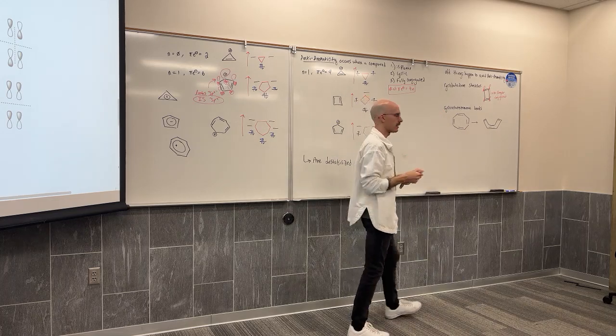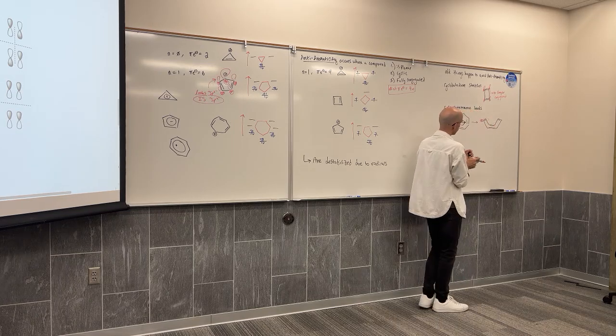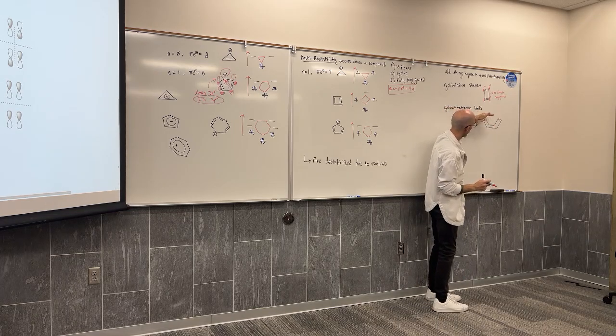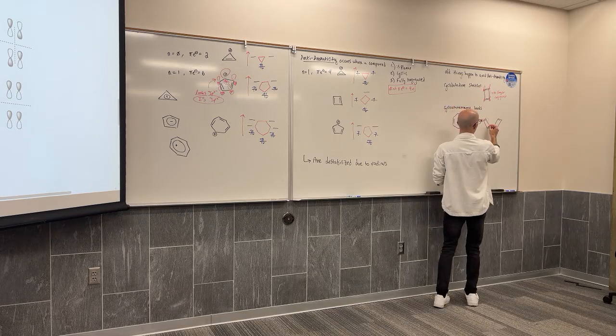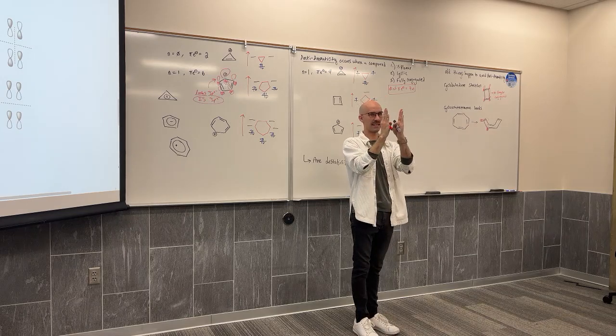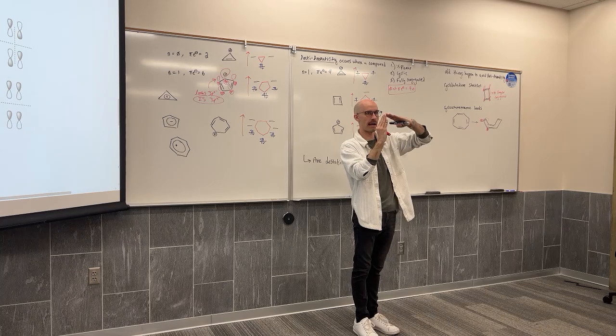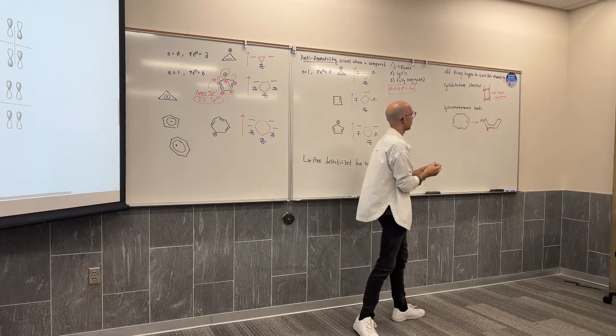And what that means is that the p orbital on this atom, which is oriented in the plane of the pi bond, can no longer conjugate with the p orbital on this atom. Instead of being side to side and overlapping, those electron regions are now at an angle. They can't conjugate.